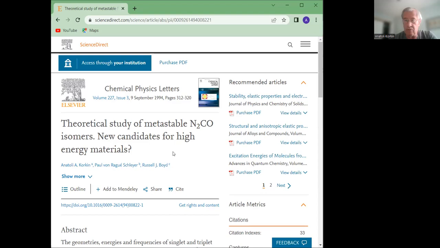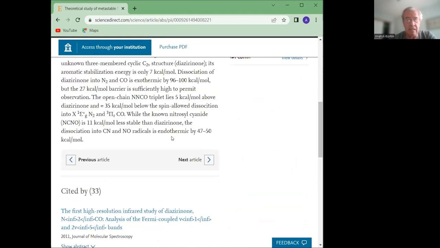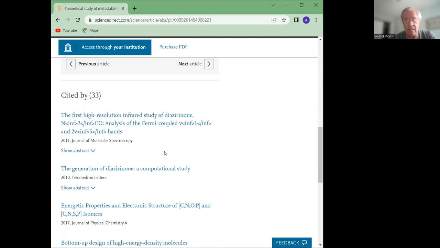About 30 years ago, just studying one small molecule could be a scientific research. About 17 years later, this molecule was identified by infrared spectra and found experimentally. So that's the reason I selected this molecule. It's kind of personal, as I say.